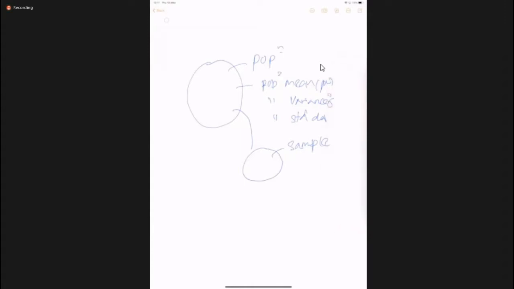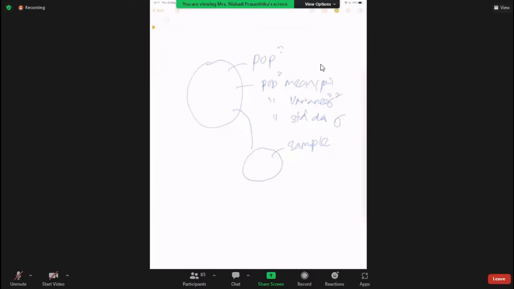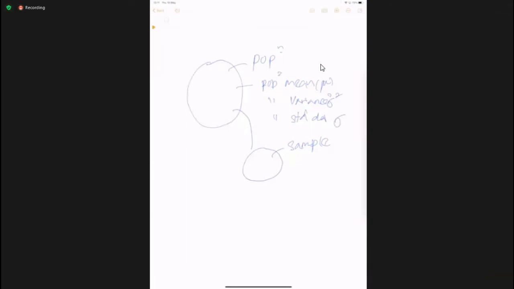Then what is the symbol for population standard deviation? It is sigma, right? You should know these things. These are called population parameters.